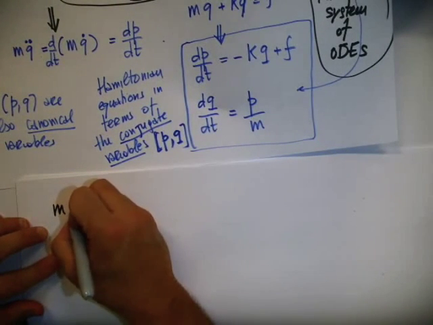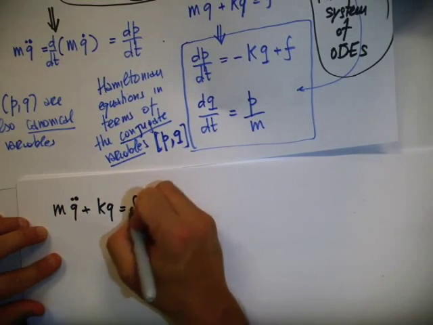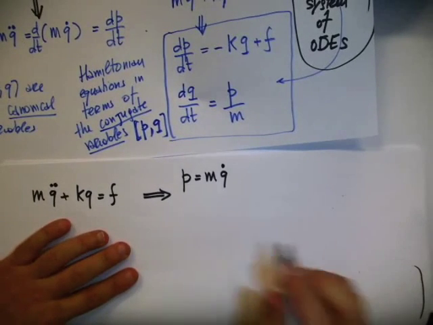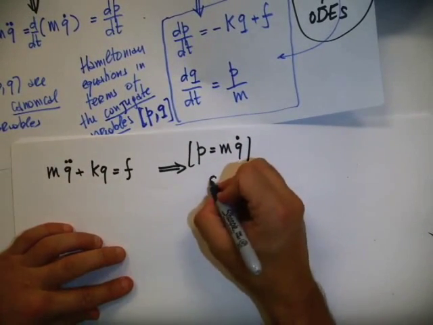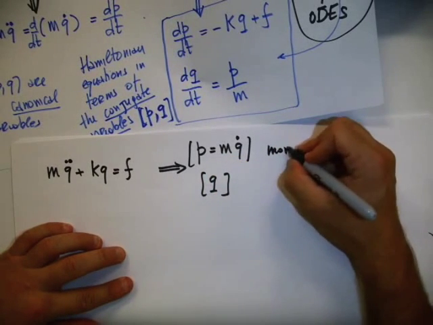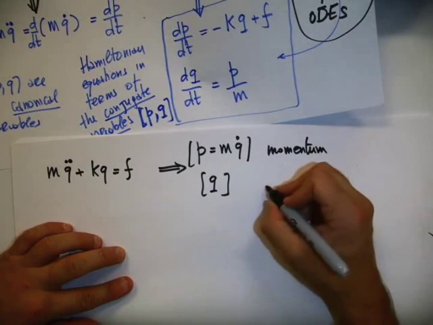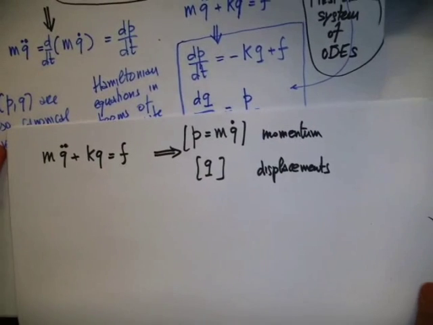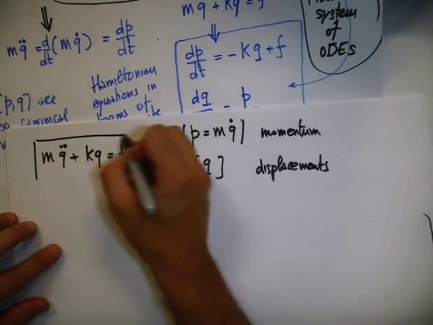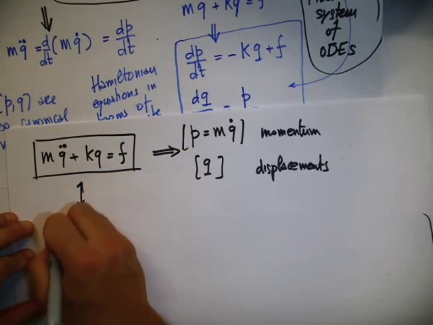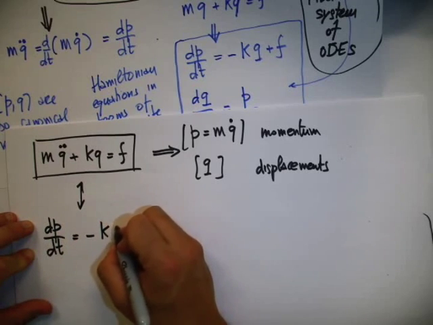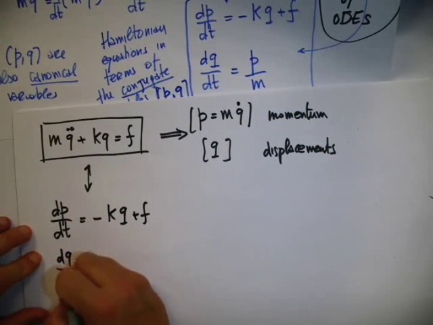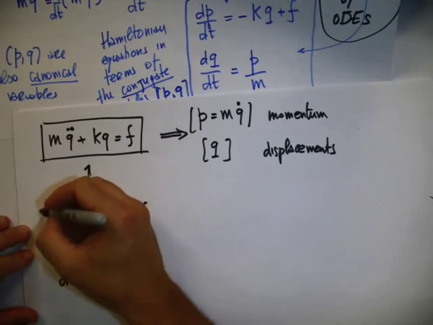We saw that we can rewrite these equations by introducing the momentum variable m q dot, and then we have also the variable q, momentum and displacements, and we can rewrite our system as dp dt equal minus k q plus f, and dq dt equal p divided by m.